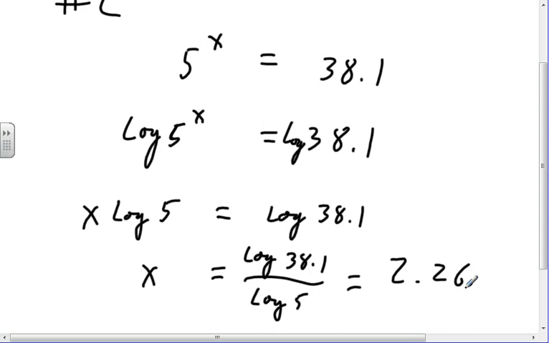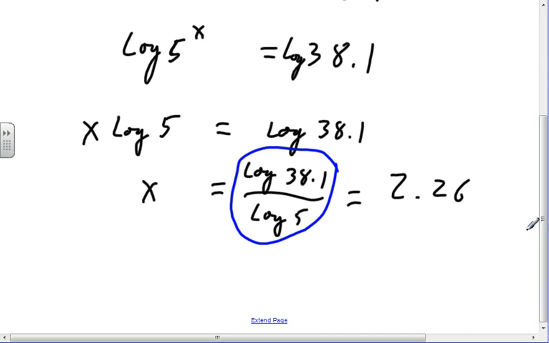Pretty easy to guess. Yeah, that was pretty easy too. Now, the real question is, did I put that in my calculator? No, of course not. I put in natural log of 38.1 divided by natural log of 5.